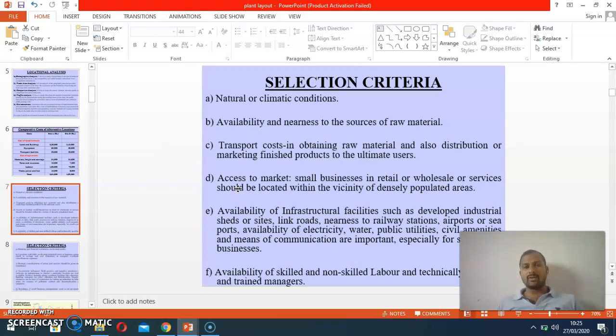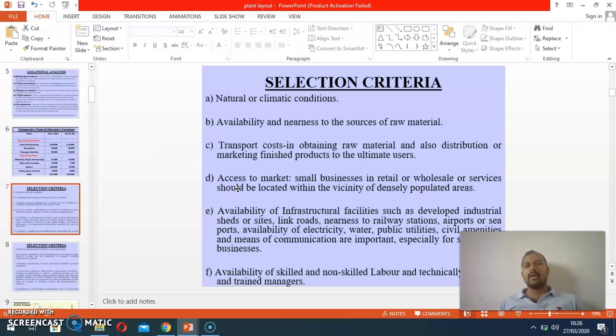Natural or climatic conditions, because environmental factors can affect your formulations. Then availability and nearness to the sources of raw materials and other additives. Then transport cost in obtaining raw material and also distribution for marketing of the finished product to the ultimate users, meaning your customers. Then access to the market.